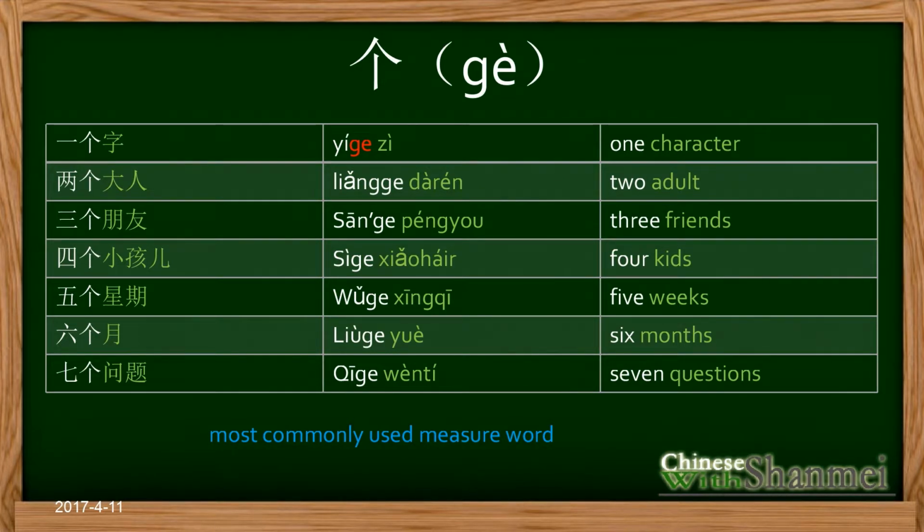If you can't think of any proper measure word to use, try 个. In most cases, it works. I would suggest beginner and elementary level students to try this method.